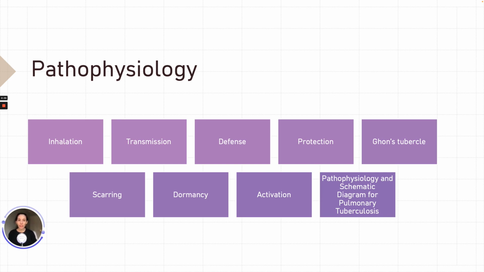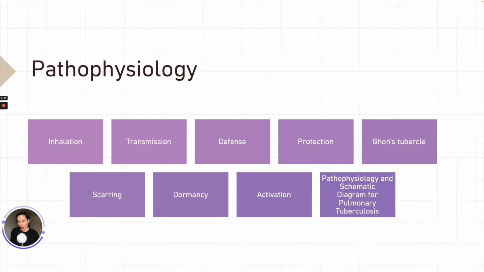And protection, so granulomas, new tissue masses of live and dead bacilli, are surrounded by macrophages, which form a protective wall. There's also Ghon's tubercle, and these are transformed to a fibrous tissue mass, the central portion of which is called a Ghon tubercle.